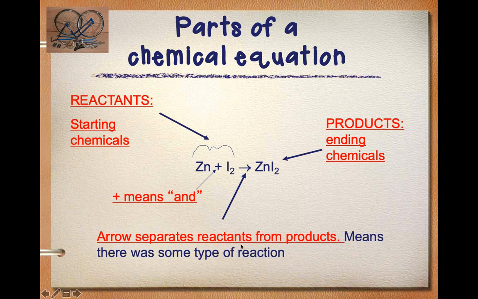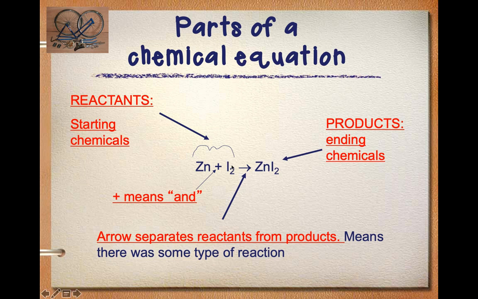Doesn't matter what type of reaction, but any type of chemical reaction would have an arrow somewhere. So if I'm asking you to write a chemical equation, you always know there's going to be an arrow. You always know there's some type of starting chemical and some type of ending chemical. So this would read kind of like zinc and iodine react to produce zinc iodide. That would be the idea.